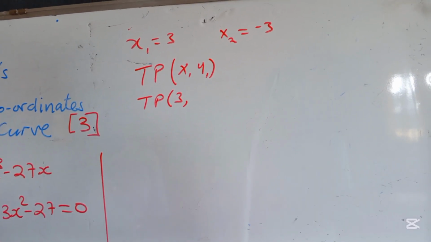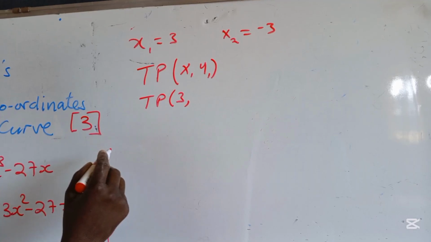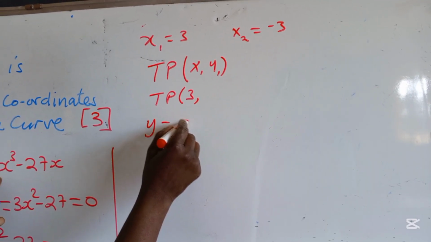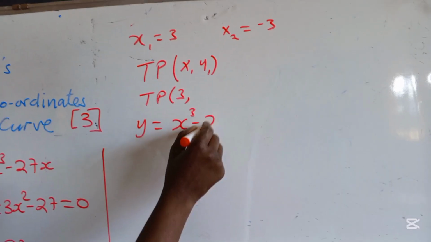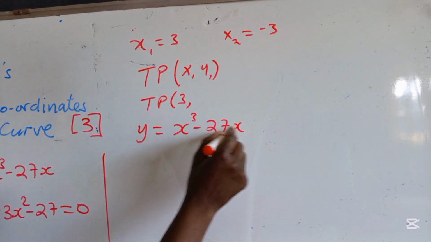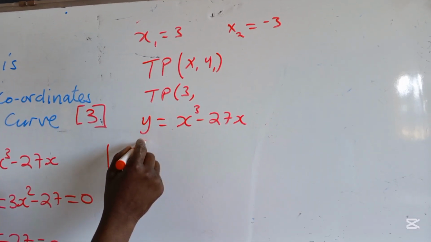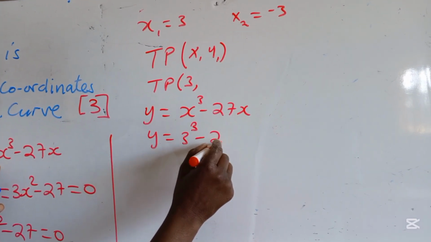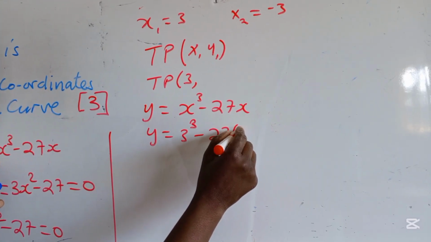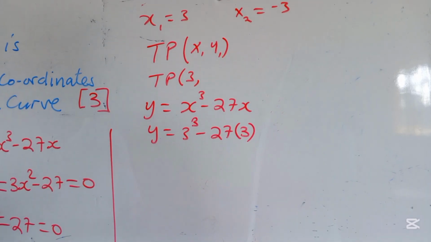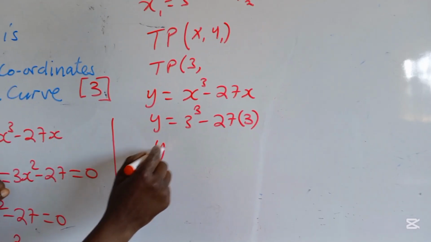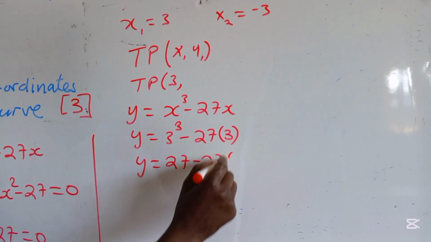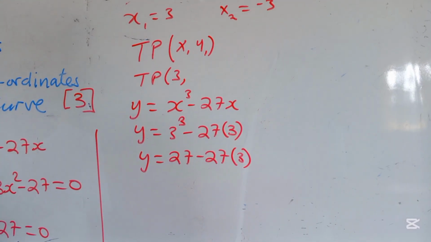I replace it in the original function, y = x cubed minus 27x. Where there is x, I put a 3, which is 3 cubed minus 27 times 3, so it is 27 minus 81.